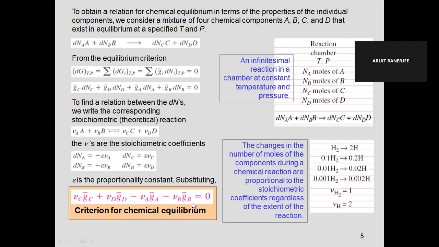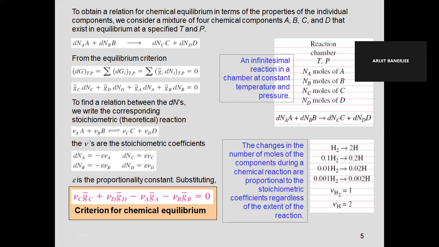What is that? They are basically the molar Gibbs functions of the components. Say in a chemical reaction of CH4 plus O2 is equal to CO2 plus H2O, accordingly, A, B, C, D we can identify. Now what we have to get is G_C at that particular temperature and pressure, G_D at that particular temperature and pressure. That means now our target is to know these things here.